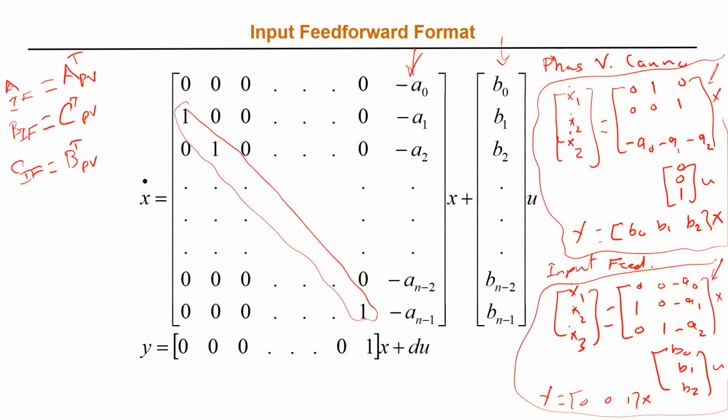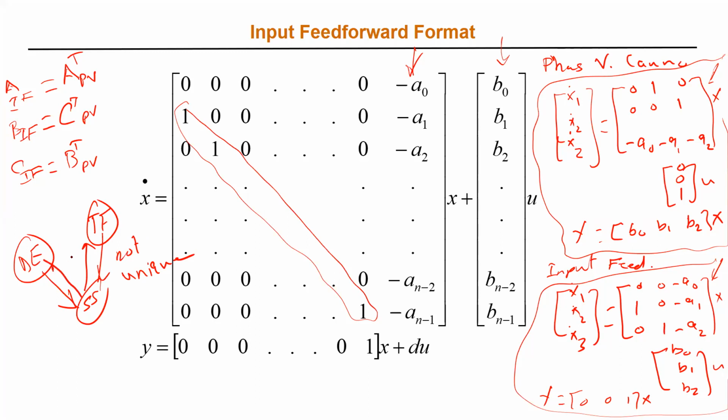Let me put those three models again: differential equation, transfer function, state space. From the differential equation to the transfer function, it is unique. So if this is unique, this is going to be unique, and there is a relationship between those two.